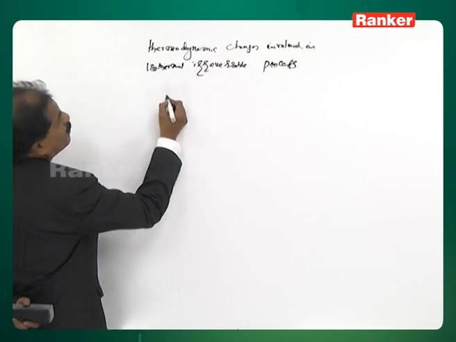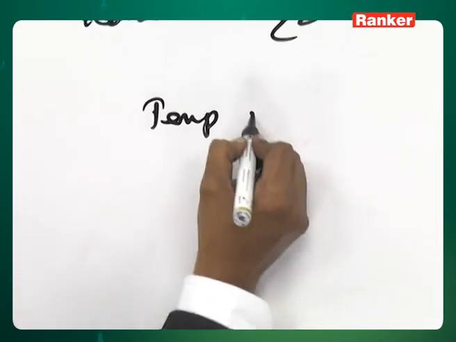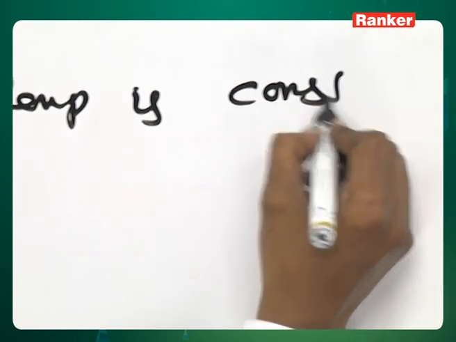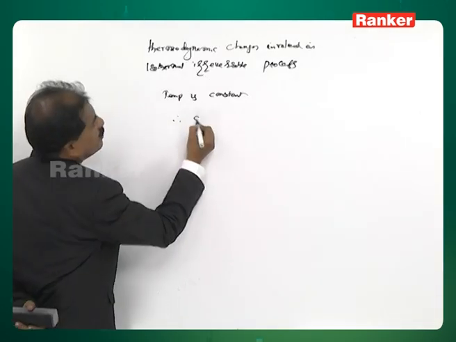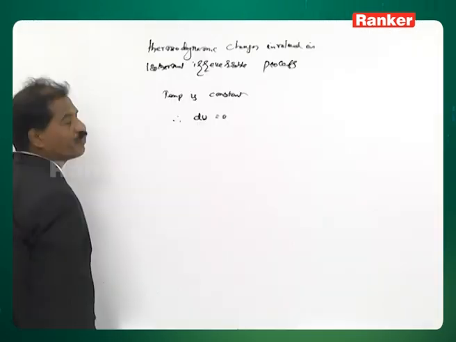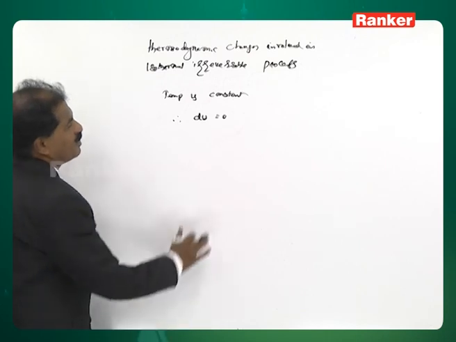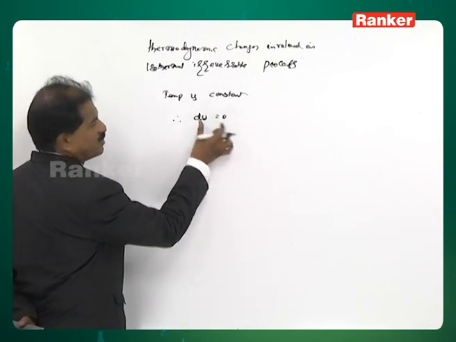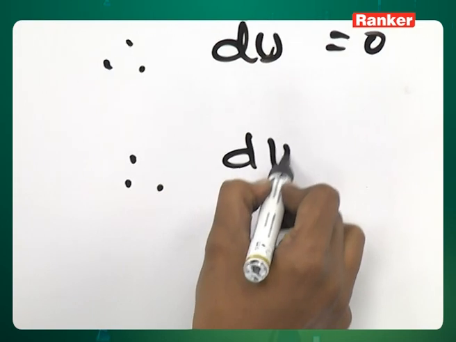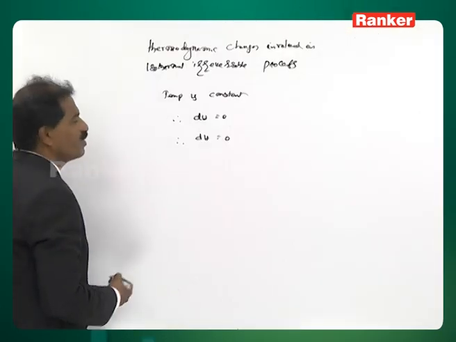See here, temperature is constant, therefore dU is 0. At constant temperature, the internal energy of the system will remain the same. Next, the enthalpy change is also the same.